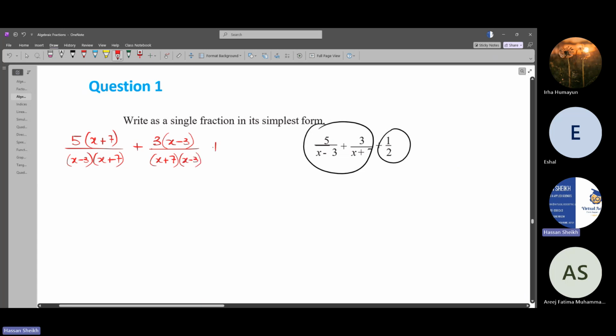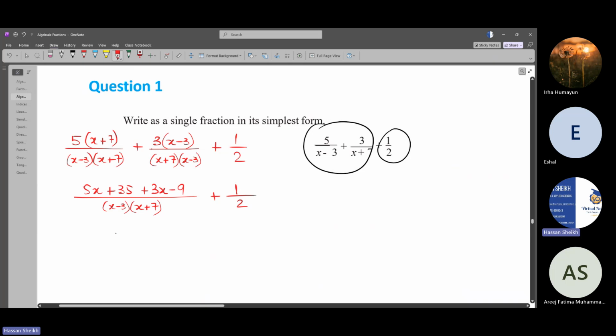And we keep this 1 and 1 over 2 as it is. Now they have a common denominator. Agree? Yes. So what do we have in the numerator? Is it correct to say it is 5x plus 35 and plus 3x minus 9? Yes.